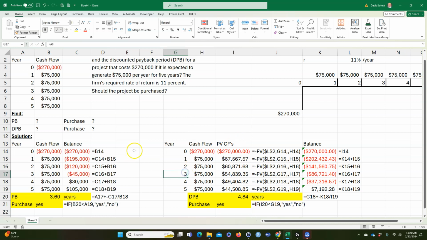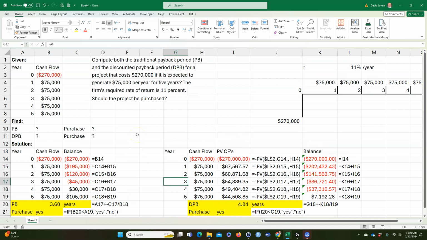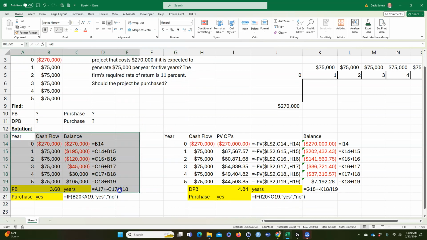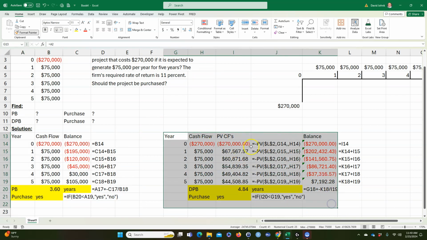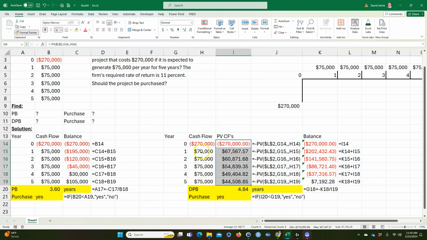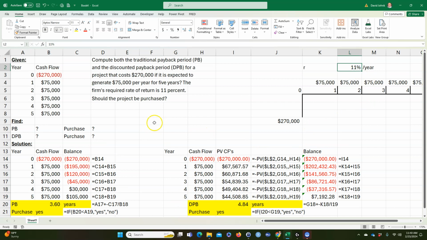Okay, so that's all you have to do. Hopefully that makes sense. It's actually pretty easy to calculate, especially, like I say, you need no knowledge of finance to do this, right? You're not using the interest rate here. Here you are using the interest rate. You have to discount back these cash flows to time 0, using this interest rate. All right, so that's it.